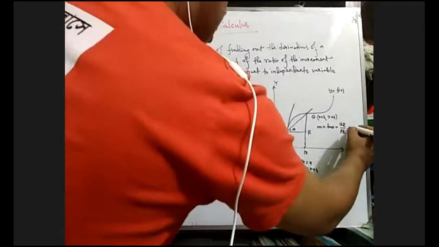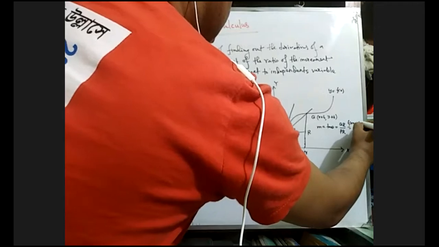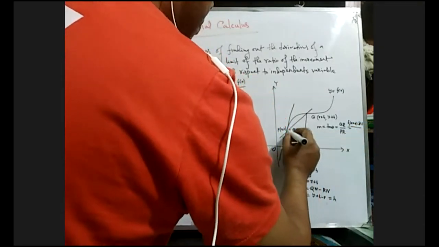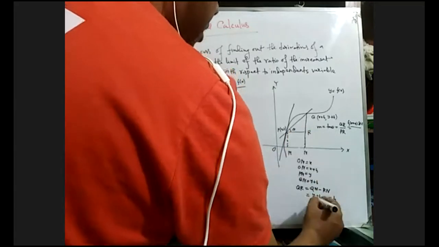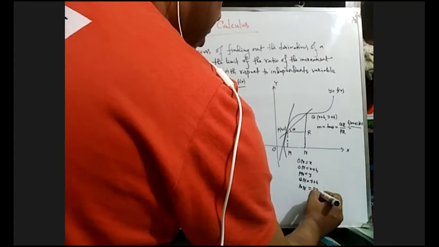So this is the actual increment, f of x plus a minus f of x, divided by PR. PR is the small increment, because MN equals PR, the same distance.